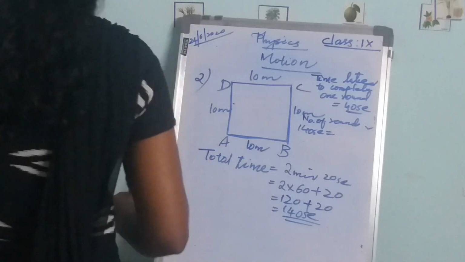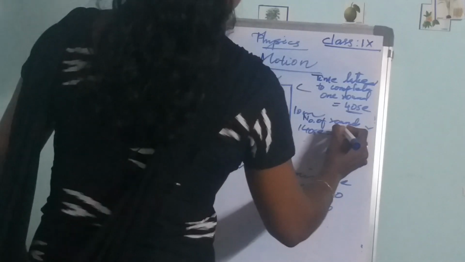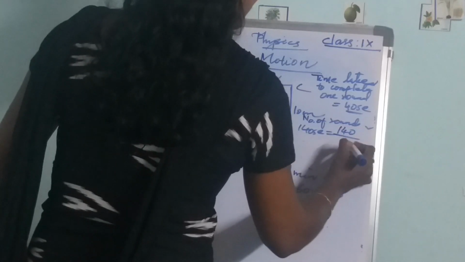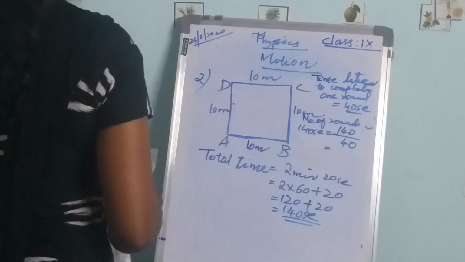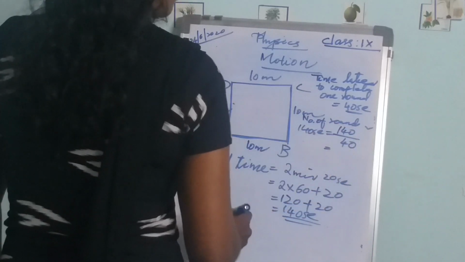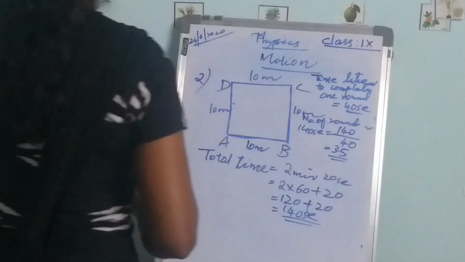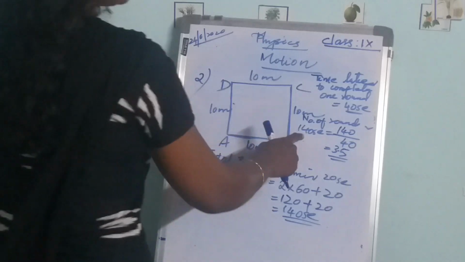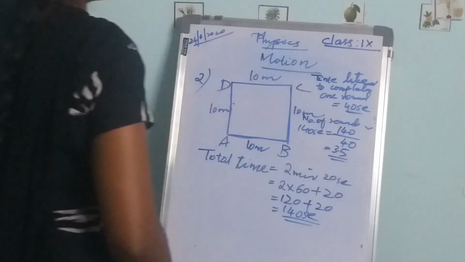That is 140 divided by 40. Actually that will give the number of rounds in 140 seconds. 140 divided by 40 gives 3.5. Okay, that is during 140 seconds the farmer completes 3.5 rounds.